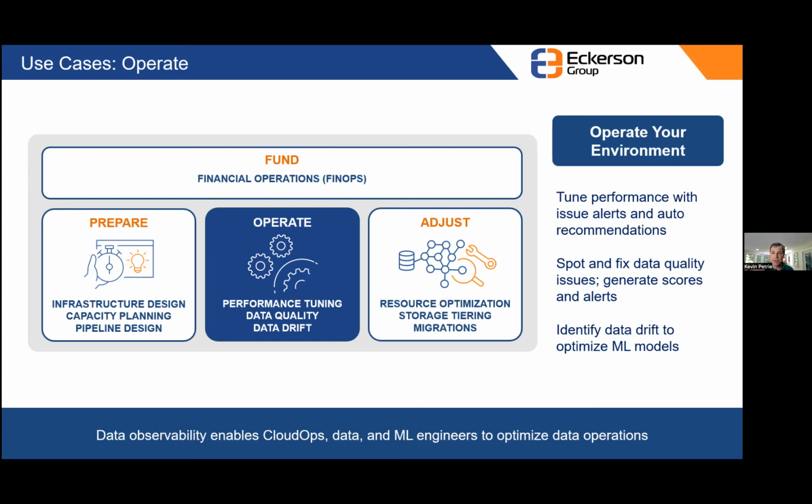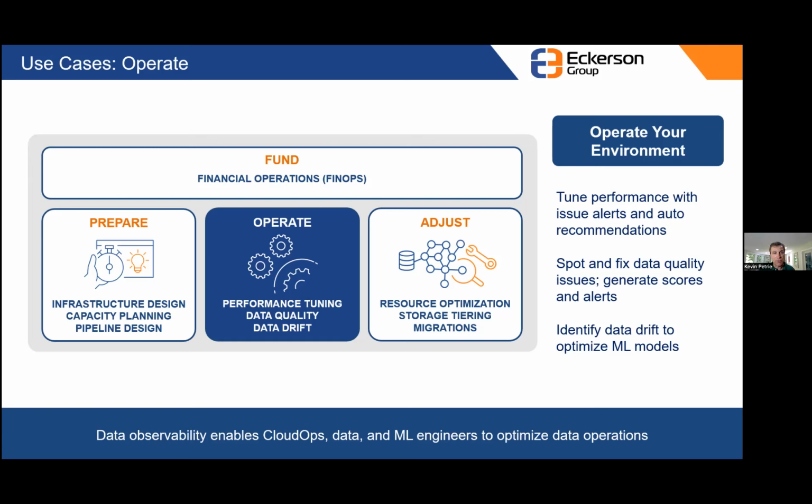Another thing is data drift. And so data drift has a lot of elements to it: drifting values, drifting schemas, drifting elements of infrastructure metadata. But what we're talking about here is drifting values associated with the features, the data, the patterns that machine learning models need to spot.